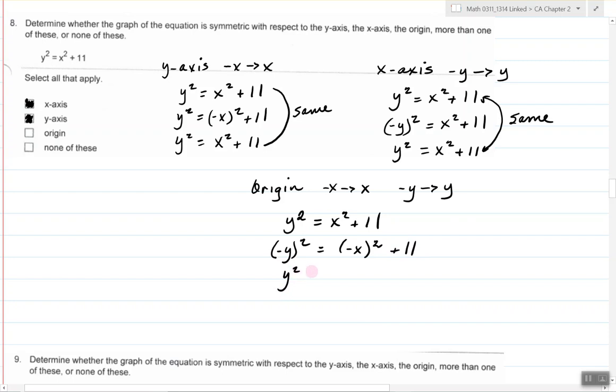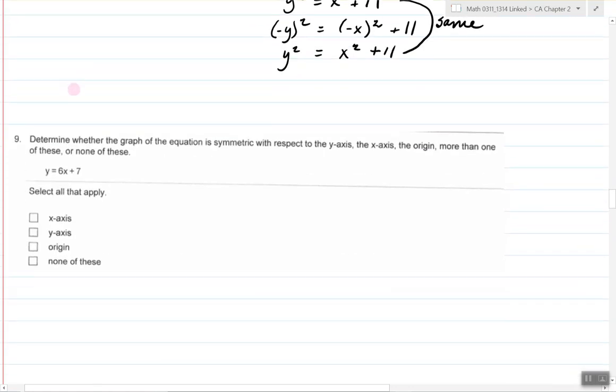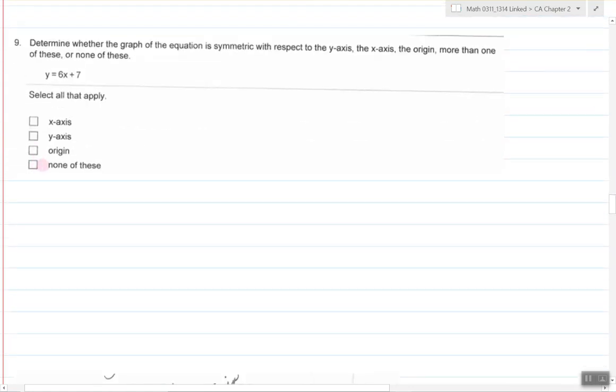Simplify, that's y squared, that's x squared plus 11. Compare, they're the same. So this relationship had all three kinds of symmetry. And it's not a function though, because remember, if the power on the y is even, it's not a function. I have one more that I want to test.